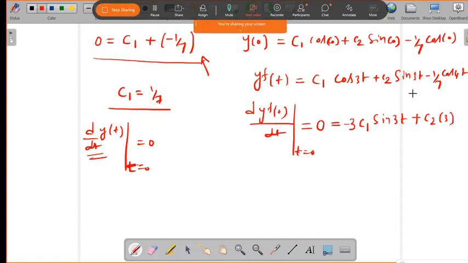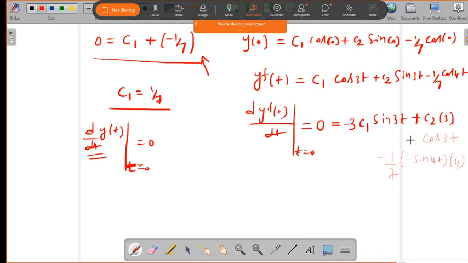C2 into 3 into cos 3t minus 1 by 7 into, so cos 4t you will get, so minus sin 4t into 4.